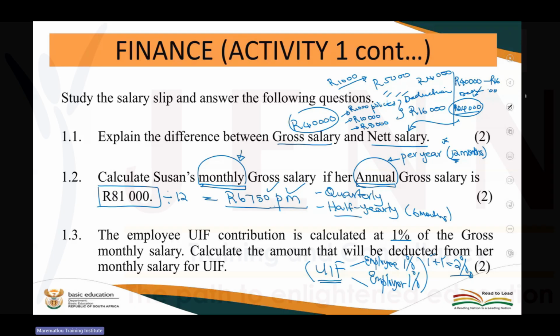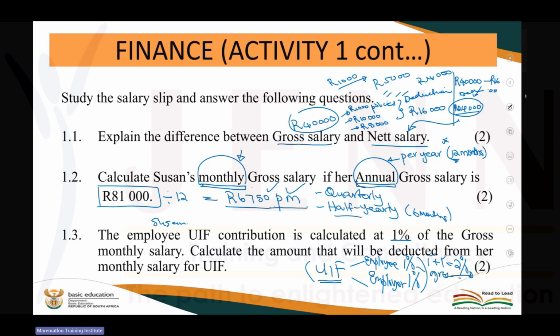Very good. Now, this question was saying the employee UIF contribution is calculated at 1% of the gross monthly salary. Calculate the amount that will be deducted from monthly salary for UIF. Remember, this 1% is the 1% of the what? Of the gross salary. Now, Susan here is our employee. Remember, we have already calculated that she is earning 6,750 per month.